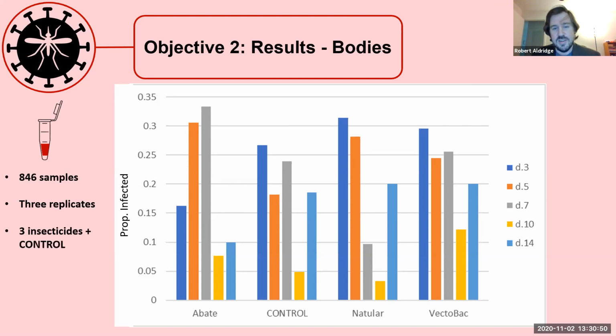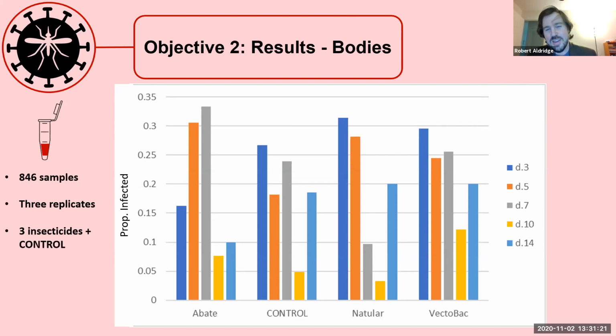You'll notice that this is the proportion infected from those samples. Each set of columns is a particular pesticide or treatment. And within that set of columns, it's divided as the first column, 3-day-old post-exposure, 5-day-old, 7, 10, and 14 days old.